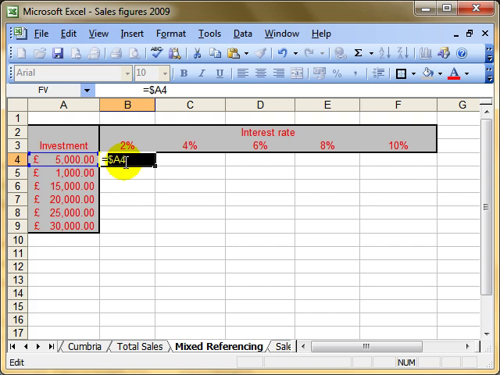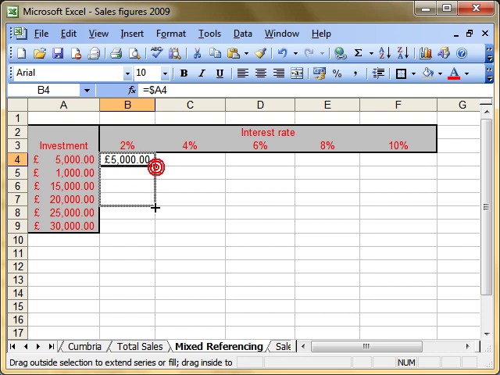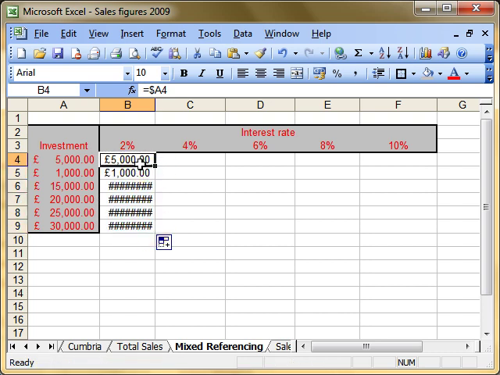When we replicate that down, it'll be $A5, $A6, $A7, $A8, $A9. Replicate it across, it'll be $A4, $A4, $A4, etc. Let's just see what that looks like and actually do it. So we've got $A4. If I replicate that down, $A4, $A5, $A6, $A7. Each time we're getting the right cell.